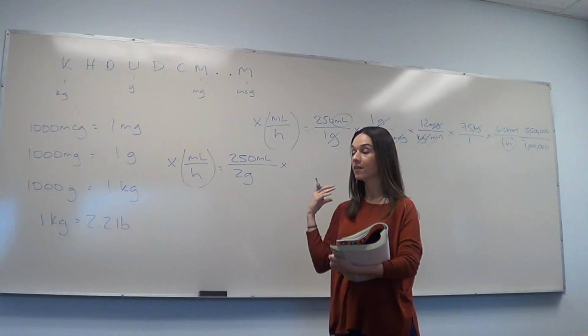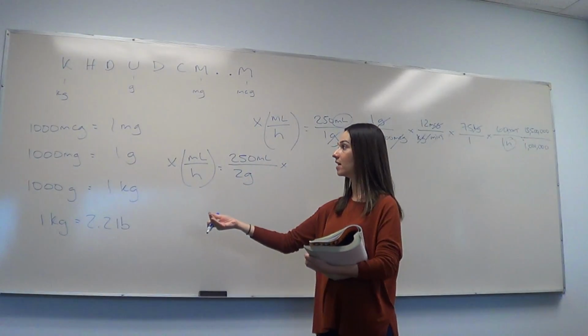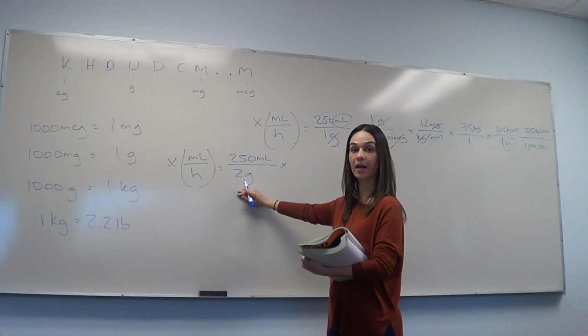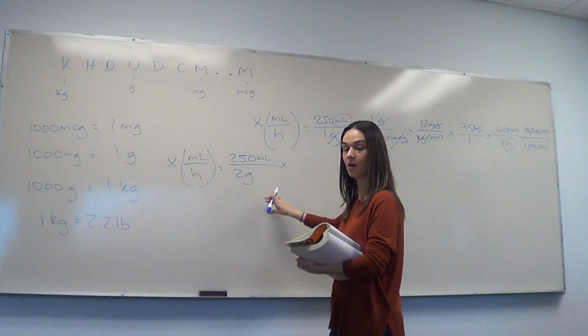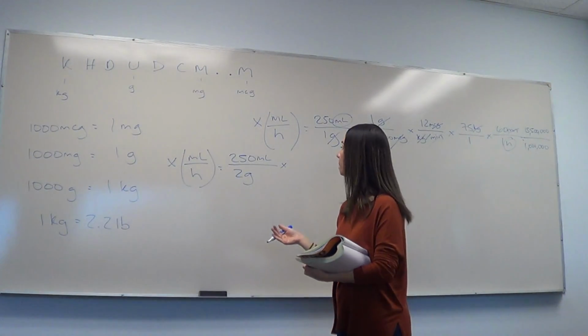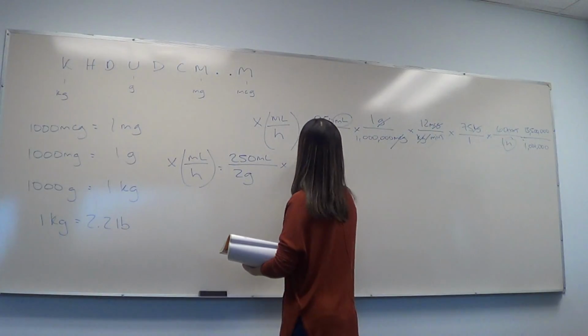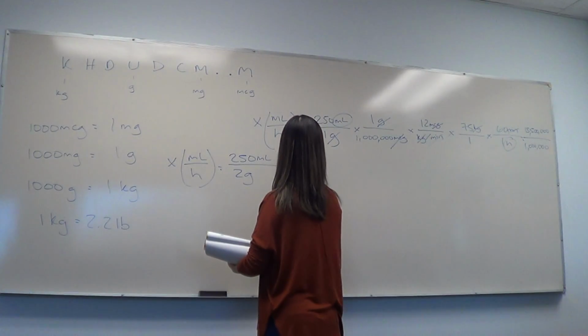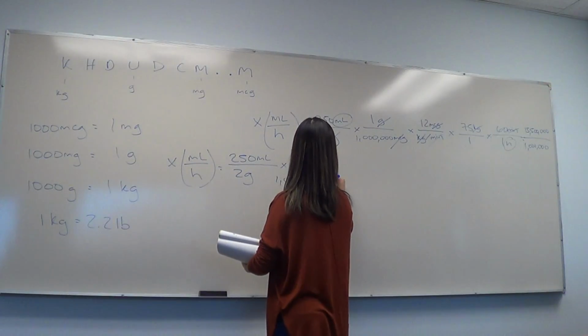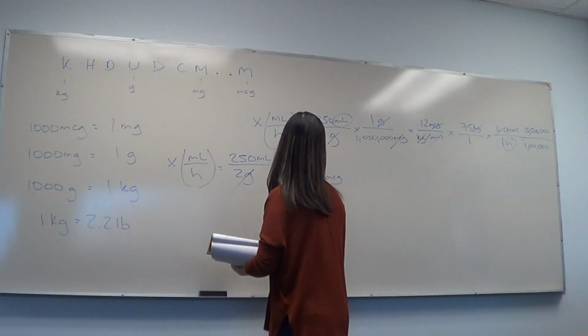So we either need to go ahead and convert outside the problem, and you should have put your micrograms, 2 grams equals 2 million micrograms right here. Or I convert in the problem, and I'm going to say 1 gram is always equal to 1 million micrograms. Okay? Grams crosses out.